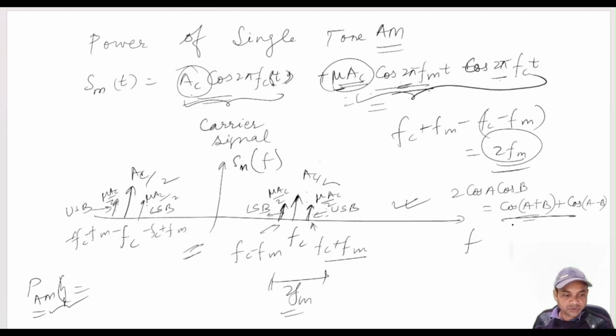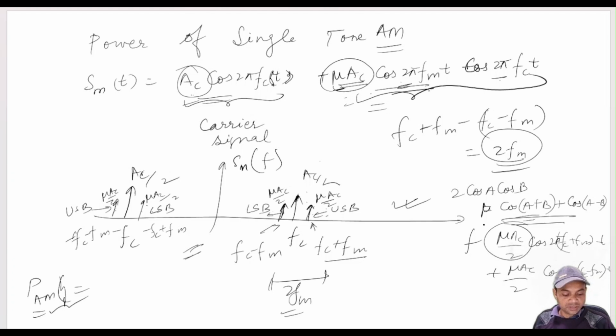Then we have mu AC by 2 plus mu AC by 2. So the answer will be mu AC by 2 cos 2 pi fc plus fm into t plus mu AC by 2 cos 2 pi fc minus fm into t.